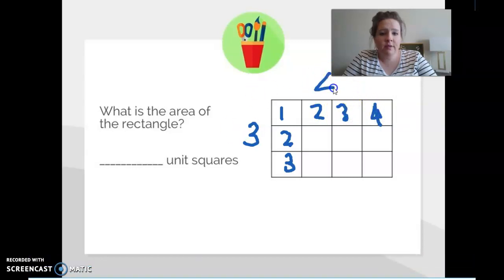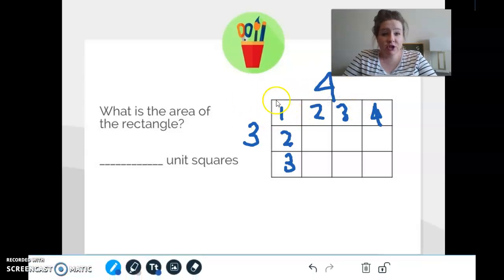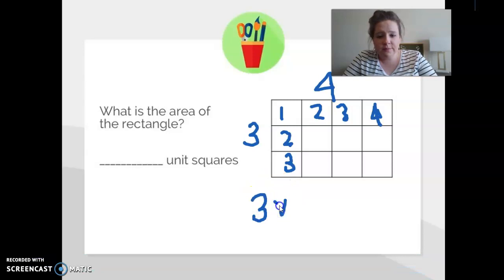It's really, really important that you recognize that the 1 here in this corner counts for 1 going for the length and counts for 1 going for the width. Okay, this is 1, 2, 3 times 4, not 3. You don't start counting over in this second square. Okay, it counts together. So 3 times 4 equals 12. So 12 units squared.